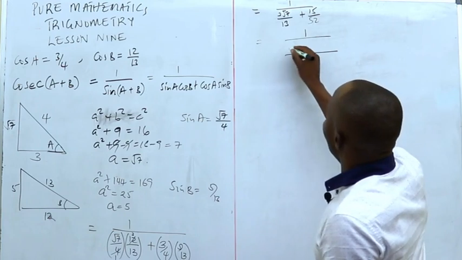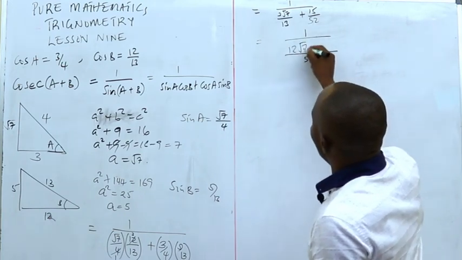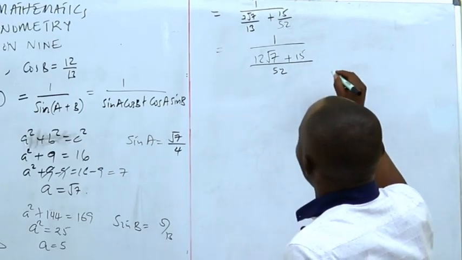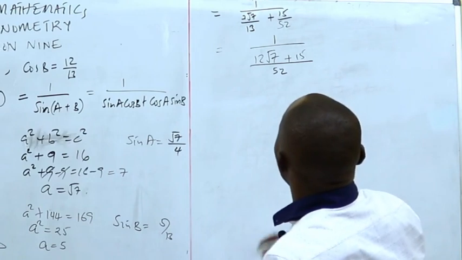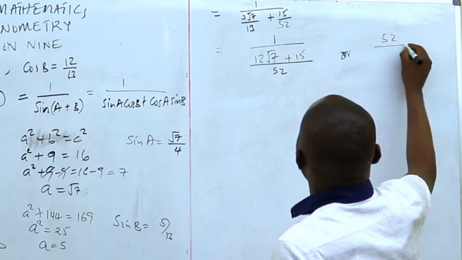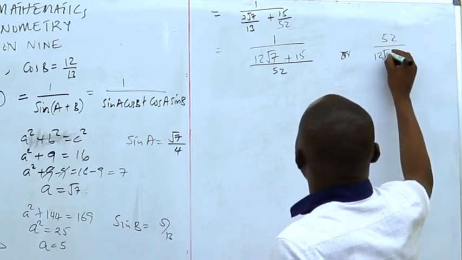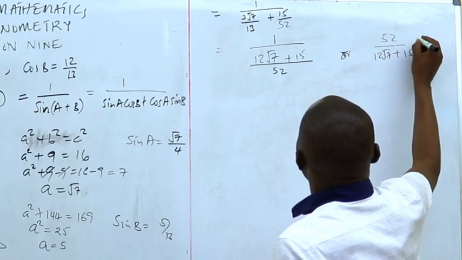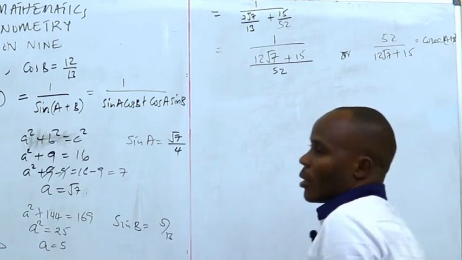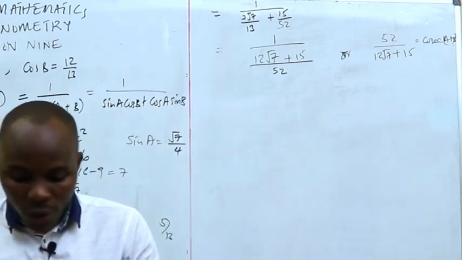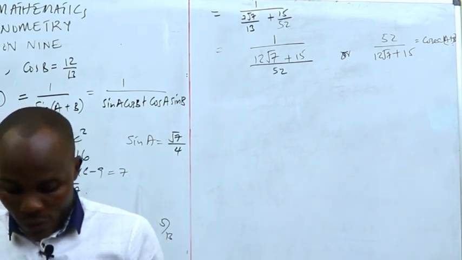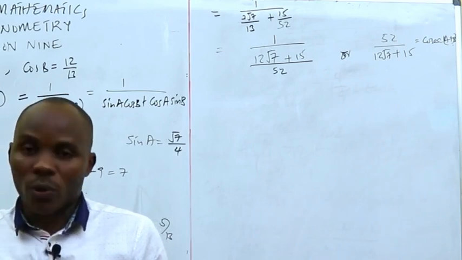So this one will be 12 root 7 plus 15. Or it can be written as 52 over 12 root 7 plus 15 as the value of cosec of A plus B.